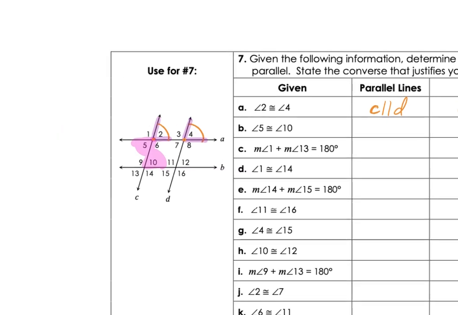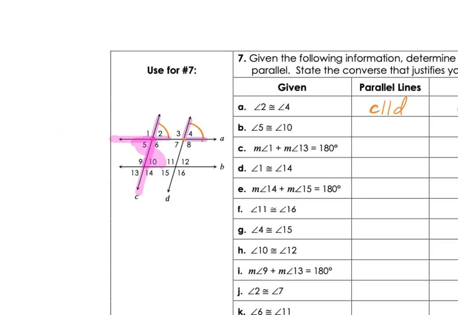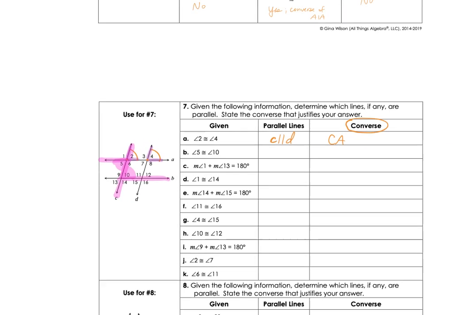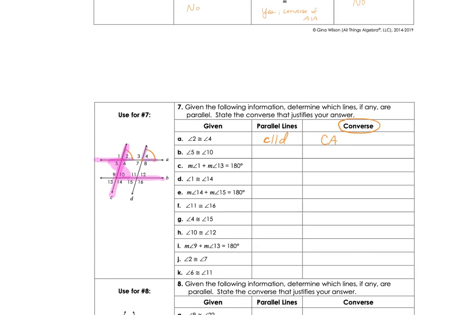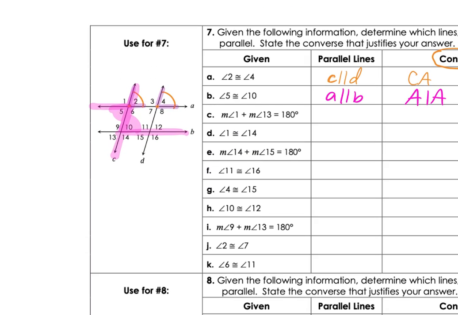A and B. 5 goes here, right? 10 goes here. Line D is not in contact with either one of those. So we would say A is parallel to B because of what? The converse of AIA, alternate interior angles.